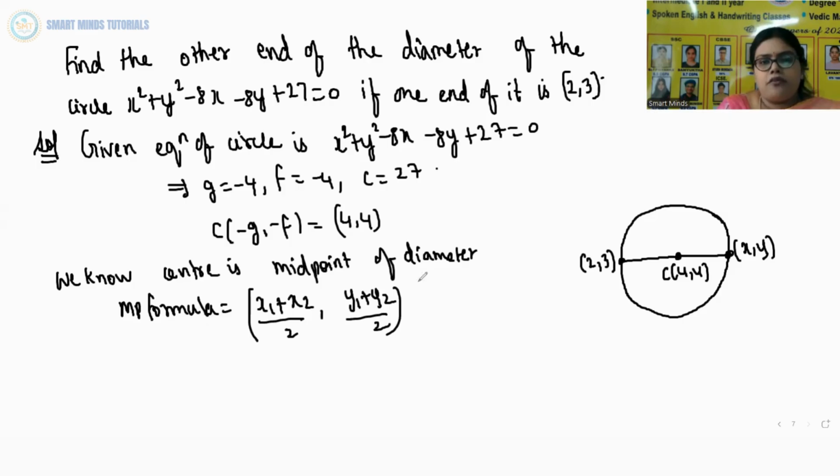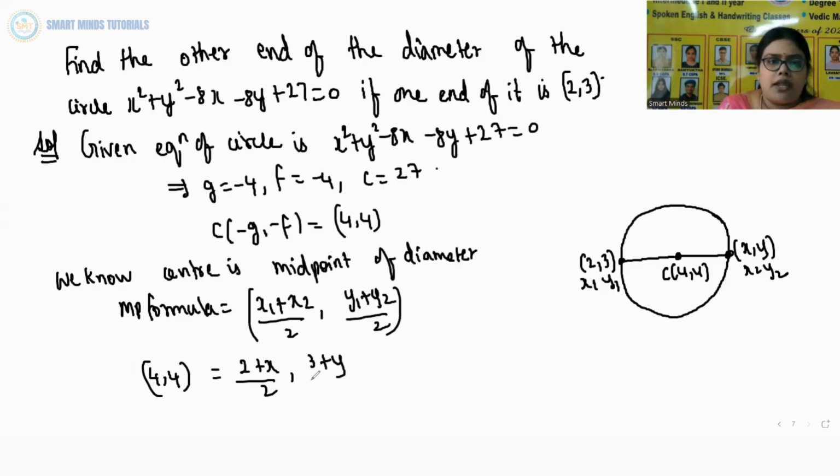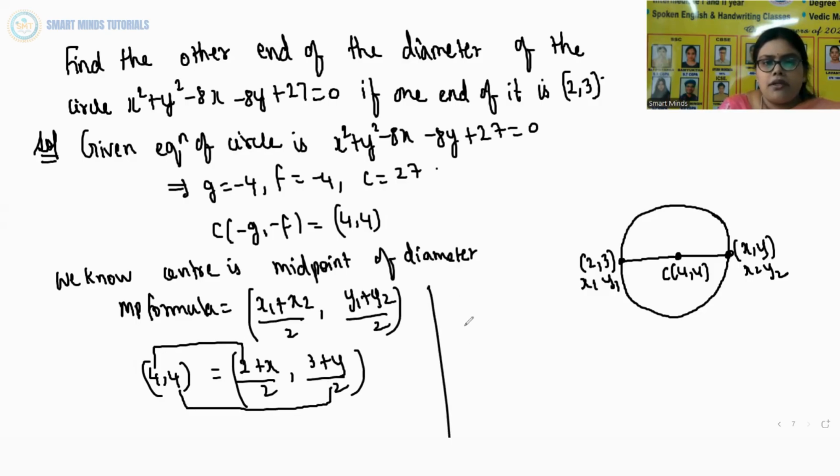So in the place of midpoint, we write center. Center is 4 comma 4. And now we take this as x1 y1 and this as x2 y2. Now we get 2 plus x by 2 comma 3 plus y by 2. Now we equate the x coordinates and y coordinates. So we get 4 is equal to 2 plus x by 2 and 4 is equal to 3 plus y by 2.